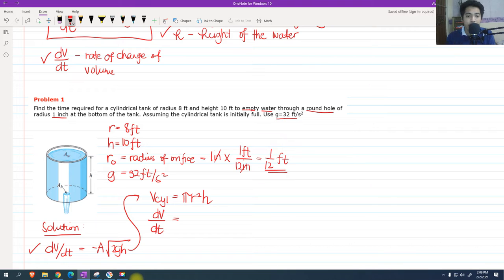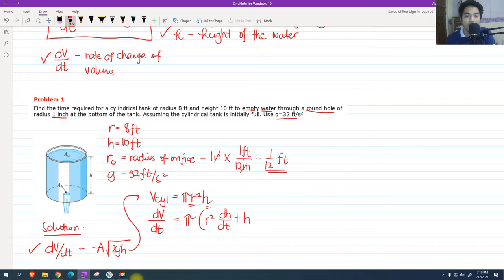So as you can see here, we have dV over dt. Pi is a constant, and we can apply the product rule with r squared multiplied by h. Applying the product rule, I copy r squared and differentiate h with respect to time, plus I copy the h and differentiate r squared with respect to time.